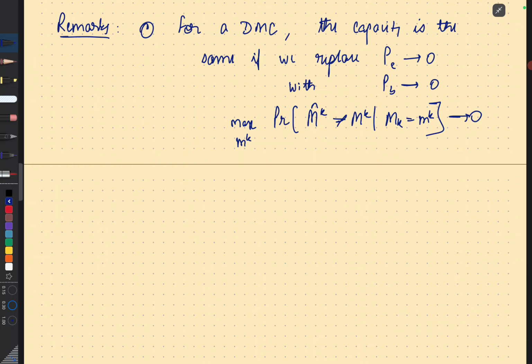So this is sometimes called the maximum probability of error, while this P_E that we defined earlier is sometimes called the average probability of error.